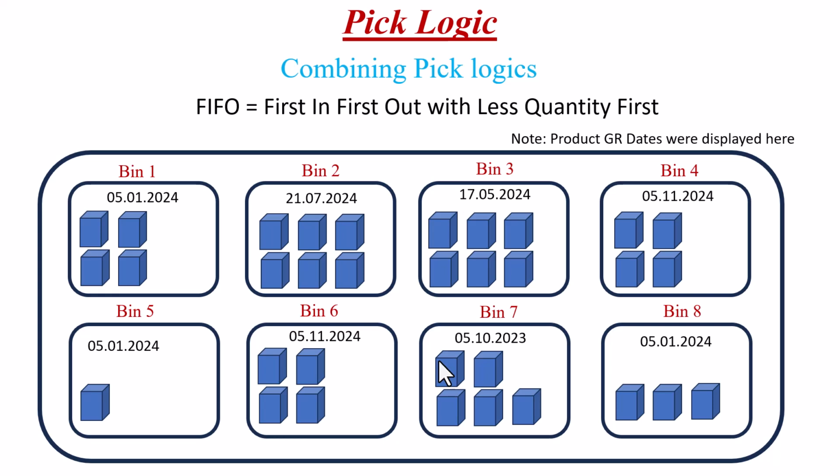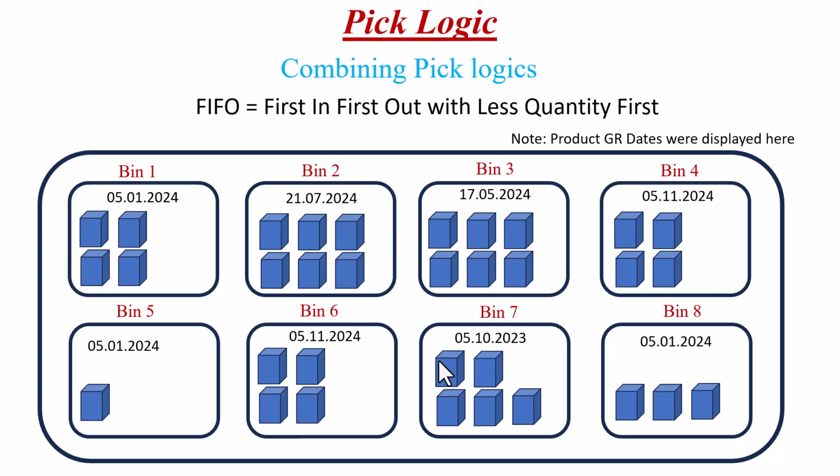I'm going with the first in, first out logic, and if the logic is satisfied for two bins, the system has to pick the products from the bin where there is less quantity compared to another bin. That's my requirement. I want to make that bin empty so that I can accommodate other products into that bin. That's the logic here.